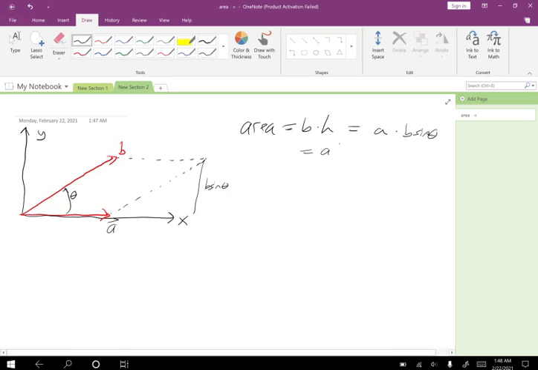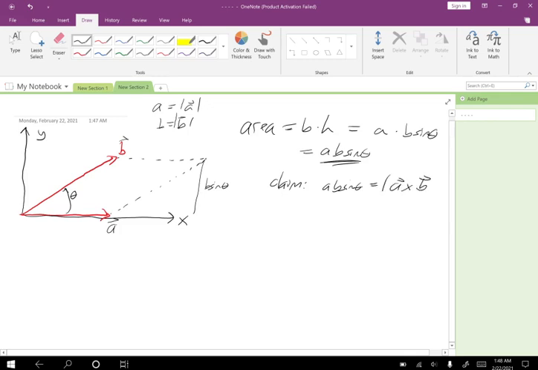So we should expect something like AB sine theta, where I'm denoting A as the length of A, and B as the length of B. We should get that when we use the cross product. So the claim now is that AB sine theta is actually the length of A cross B.